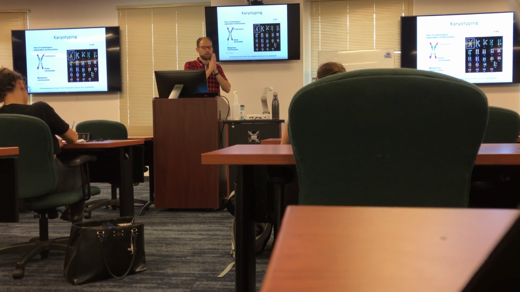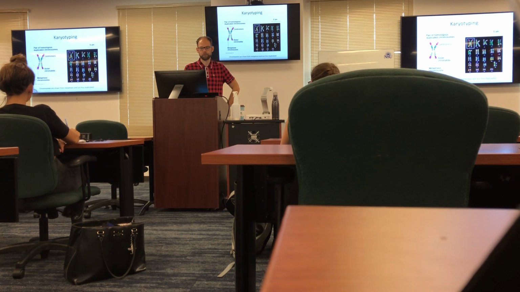Okay, so what I want you to do is look at half. Just look at this guy right here. What you're seeing here is a pair of sister chromatids. These guys are genetically identical to each other, and they're attached through a centromere. We've seen this before, right? We saw this from mitosis.